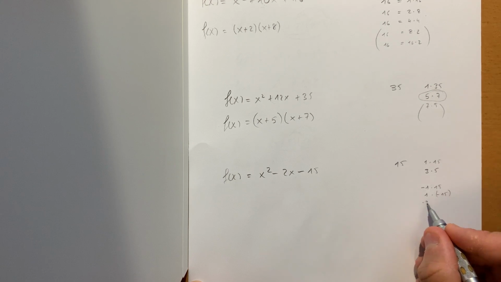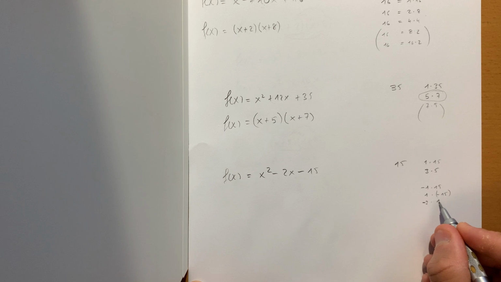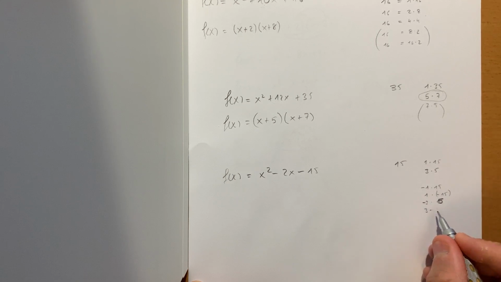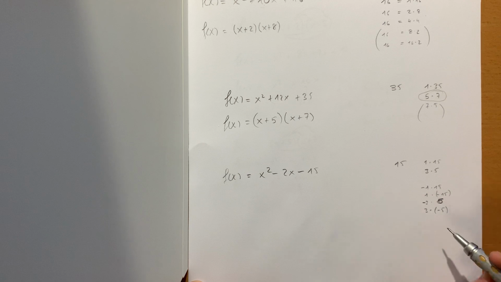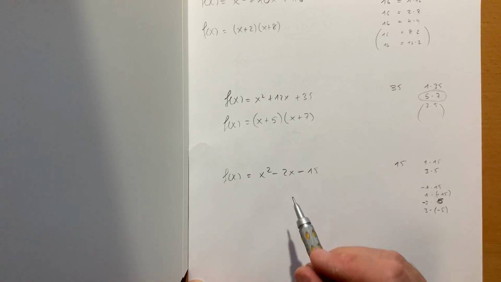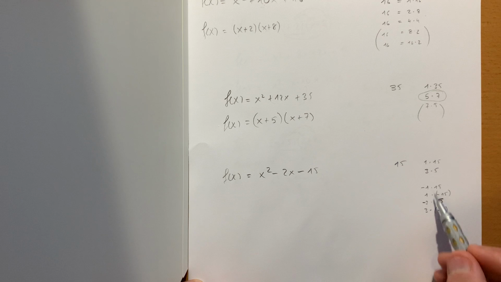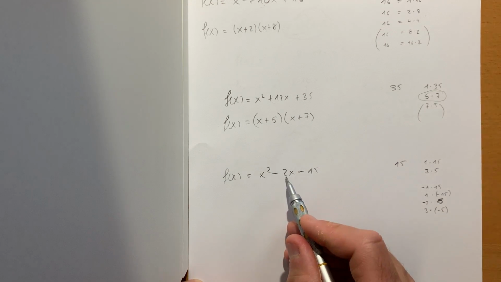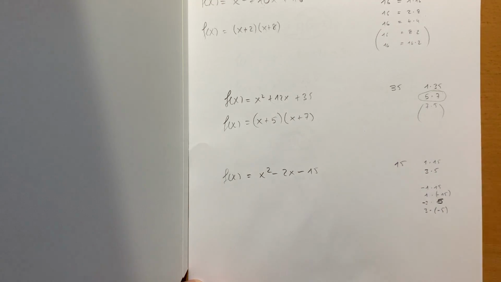Or it's minus 3 times 5, or 3 times minus 5. And then, you know, when you add them up, you have to get to minus 2. And you can see the only pair that satisfies that is 3 and minus 5.